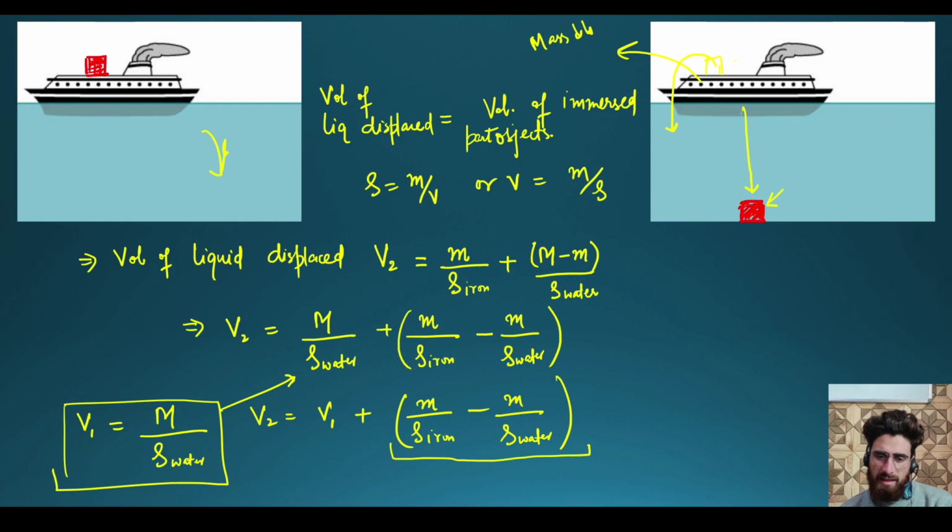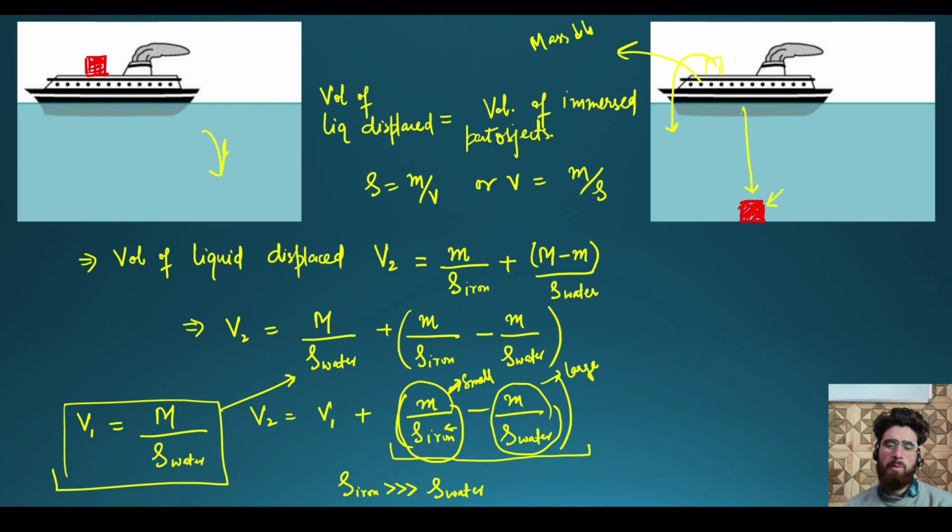Now we know that the density of iron is very much greater than the density of water. So if the density of iron is more, this complete term will become small. And if the density of water is less, this complete term is going to be larger than the other one, because the numerators are the same, only the denominators are changing. So we are taking away the larger term from the smaller term, so the complete result is going to be negative.